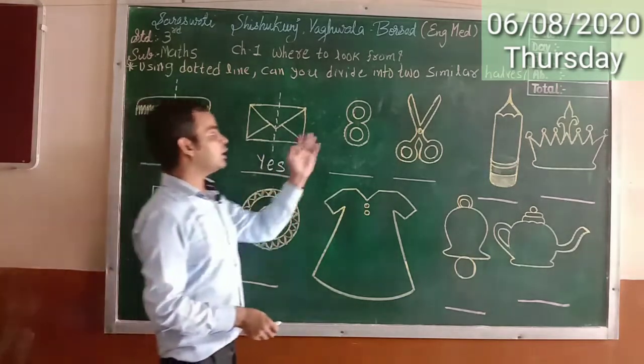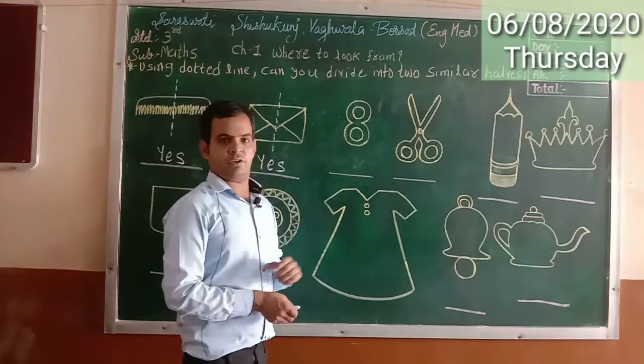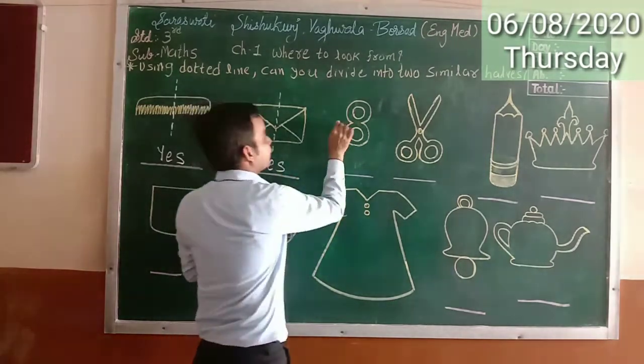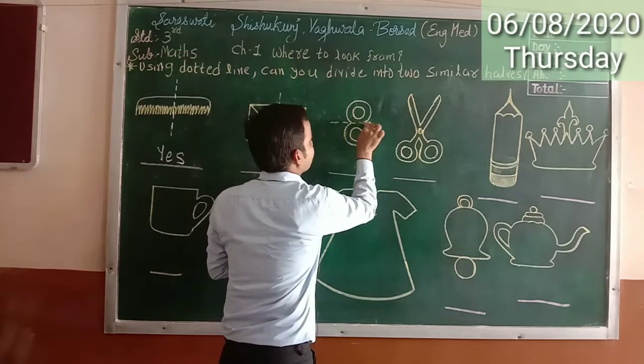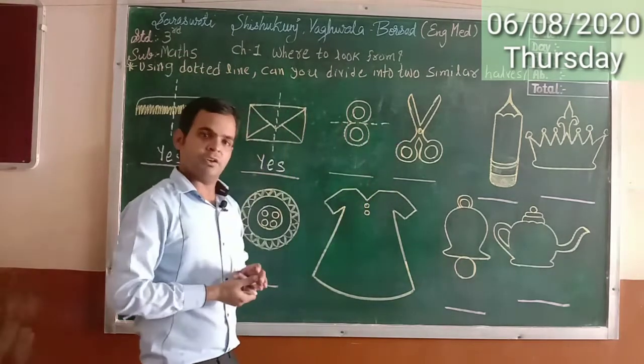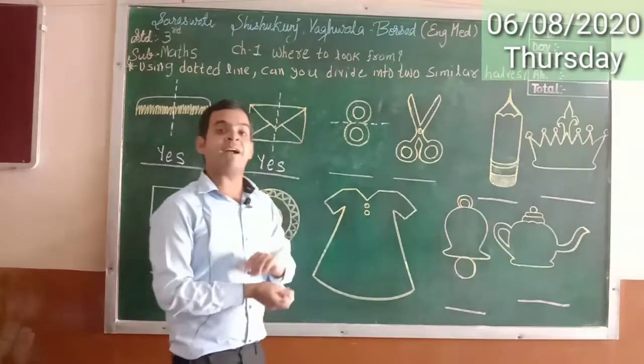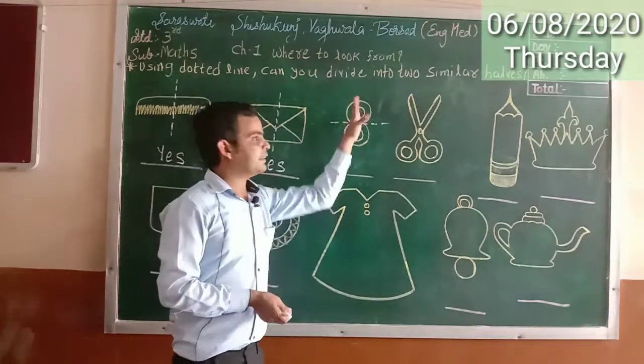Now third figure, number 8. Here you have to observe that if I draw a horizontal line, then the upper part and lower part, are both parts equal, yes or no? Yes.